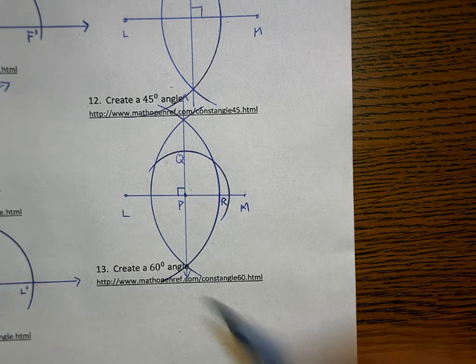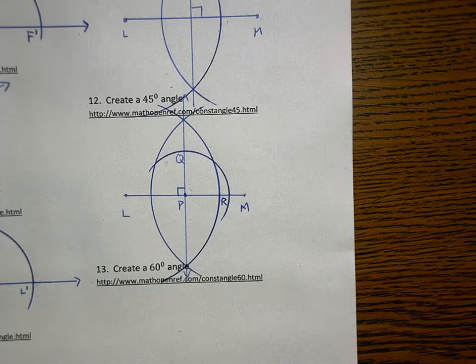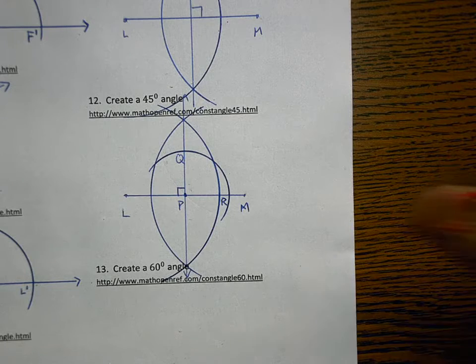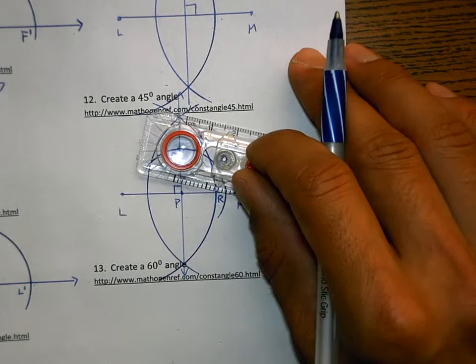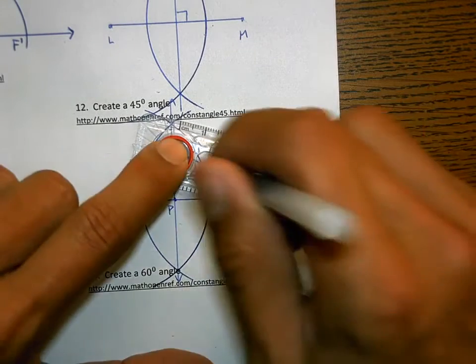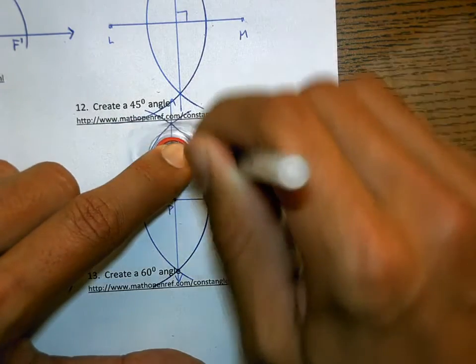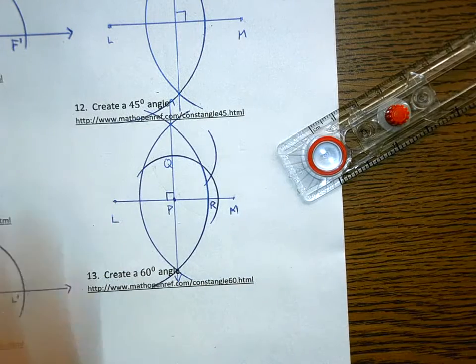So now that I have these 2 points, Q and R, equidistant from point P, now I actually have to just bisect it. I put my bullseye on point Q. Same distance, right in the middle of the angle. Same distance from Q, out in the middle of the angle.